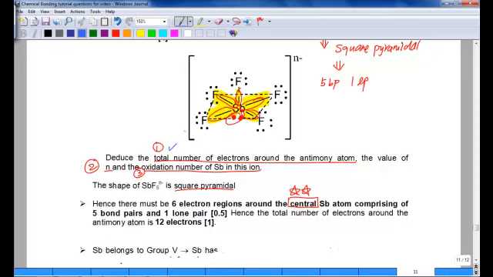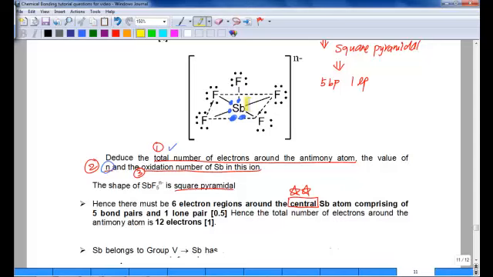Moving on from here, they want the value of n. It is very simple. You notice antimony is from group 5. Since it is from group 5, and I already used up 2 valence electrons for the lone pair, antimony will need to do this: 1 electron, 2 electrons, 3 electrons. You notice I have already used up 5 electrons.